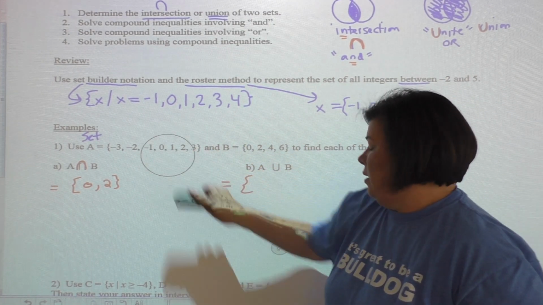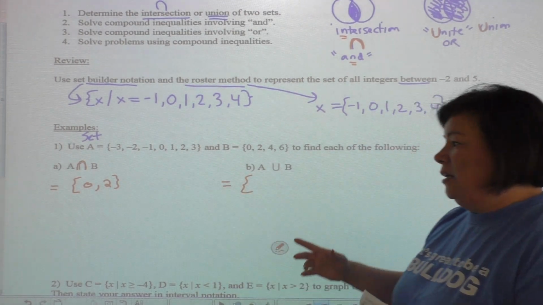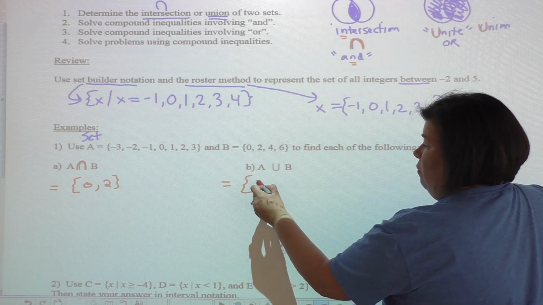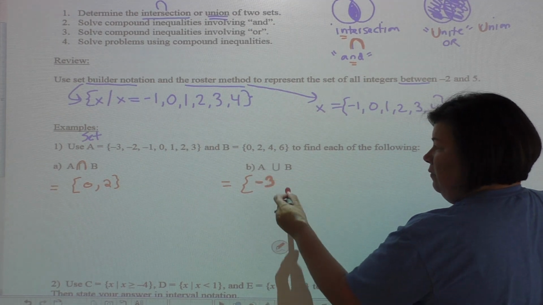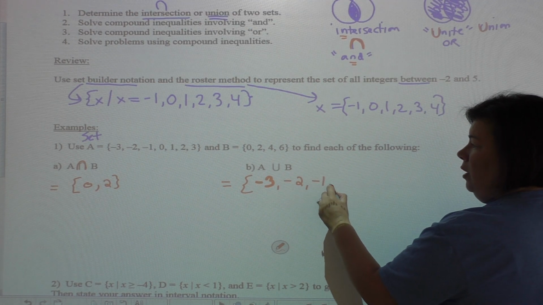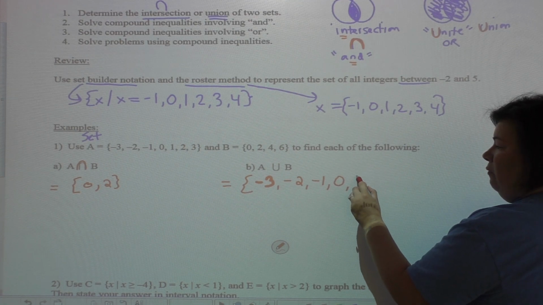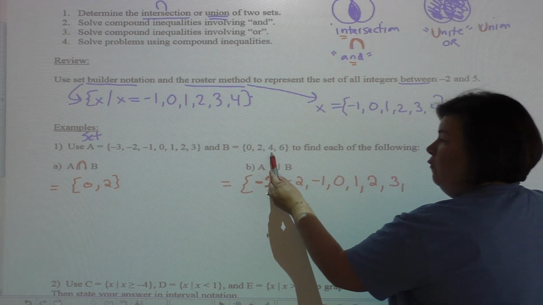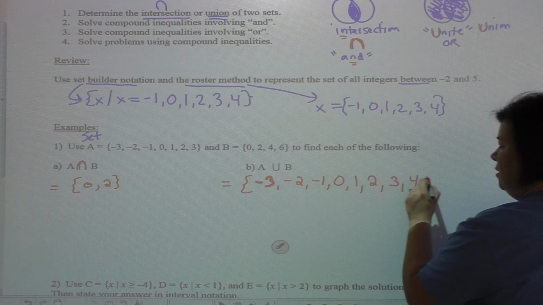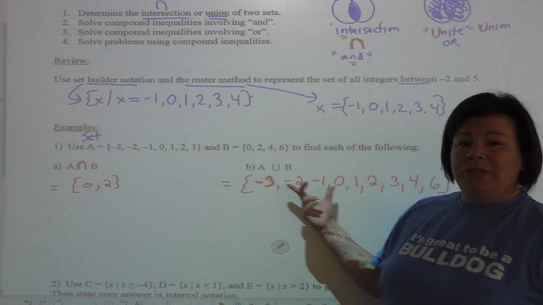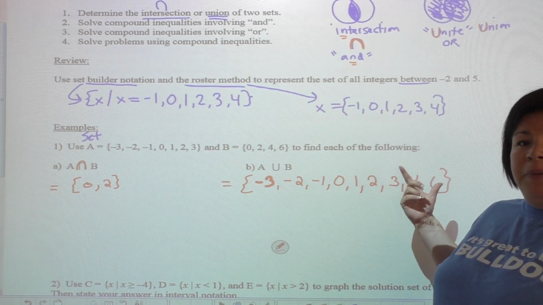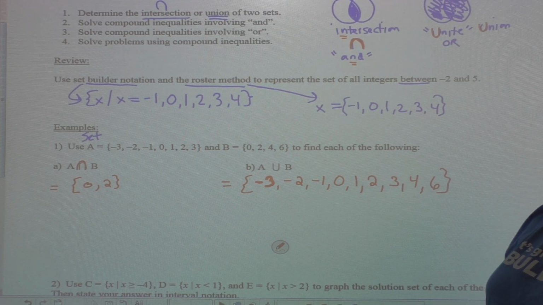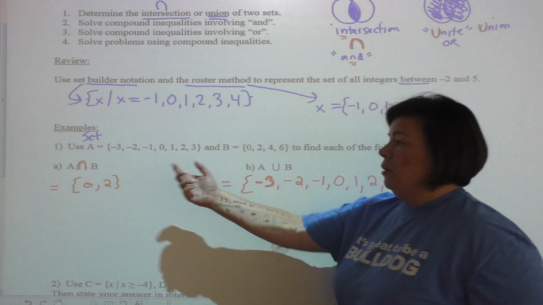So all we're going to do then is state them in order, smallest number first to highest, so we're going to put it in ascending order. So we have -3, -2, -1, 0, 1, 2, 3, 4, and then 6. So some of these elements are from set A, the others are from set B, but uniting them all together puts them all as a solution. So that's the difference between uniting and intersecting.